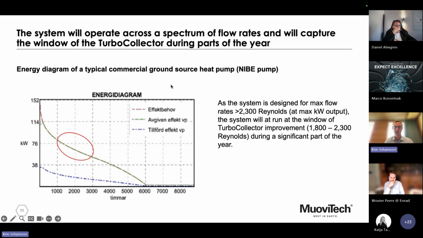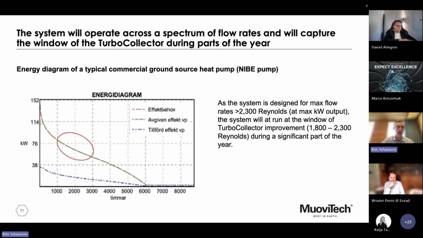But one benefit with the TurboCollector is also that it improves the performance in the part loads. We went to a Swedish heat pump manufacturer to discuss this and would like to get a better idea of how much of the year systems are normally working at peak load. And we got this graph that you could see here as a good example.